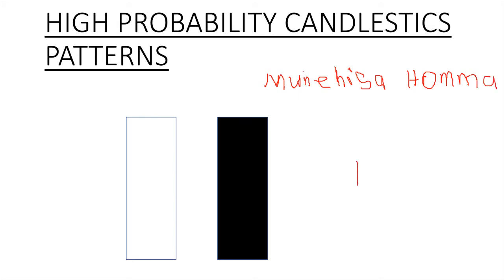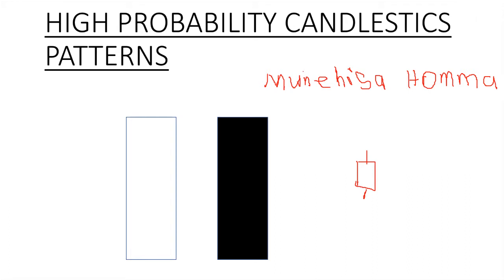Every normal candlestick has a body and two wicks, an upper shadow and a lower shadow. But in real circumstances, some candles don't have both upper and lower wicks.